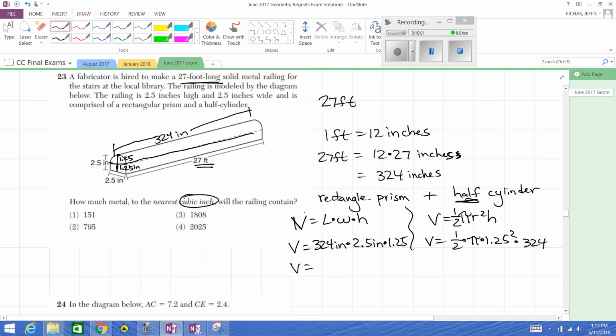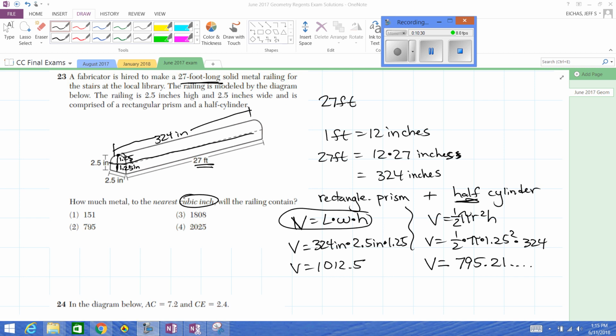It doesn't matter with length times width times height when you have a rectangular prism, but it is going to make an impact when you have a cylinder. If you think about it this way, let's say all the half circles were 1 inch thick. There'd be 324 of those half circles that would make up that half cylinder. So I'll go get that number in a minute, and then we'll see what that is.